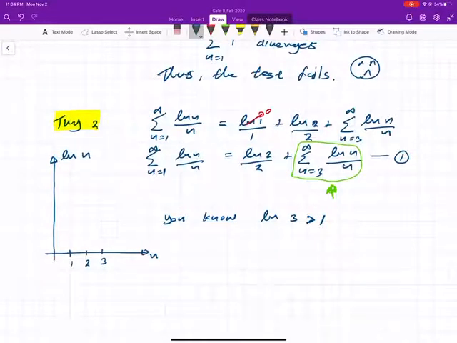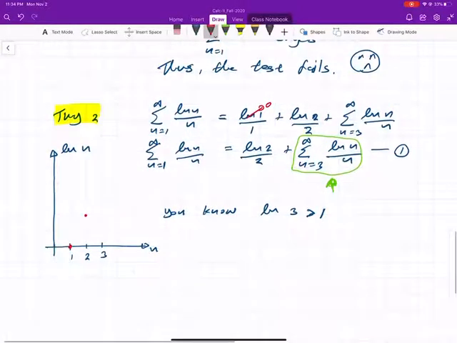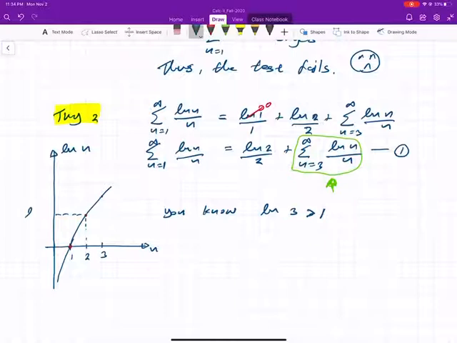You know ln 1 is 0, so the graph goes through that point, and ln 2 may be somewhere here, and ln 3 somewhere there. So this graph goes like this. That is the logarithm graph, you know that. And this is ln 2, and this is ln 3.